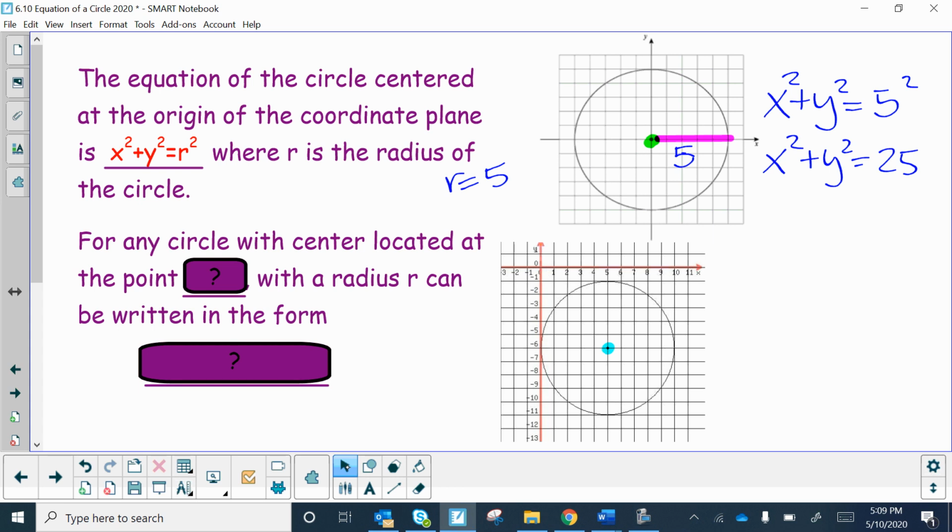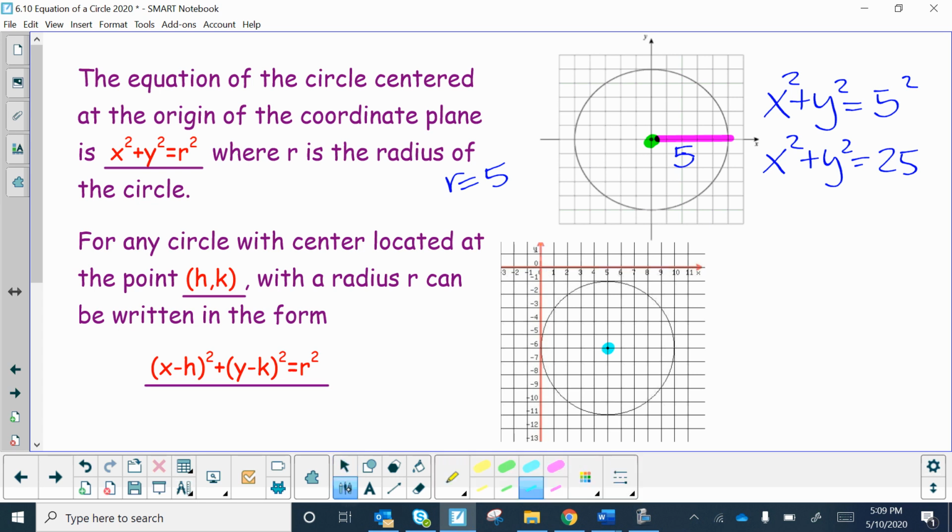For any circle whose center is located at the point h, k, meaning it's not at 0, 0 but at some number comma some number, with the radius r, this is how you're going to write that equation: x minus h squared plus y minus k squared equals r squared. It's similar to the other one, but you've got to involve the center.